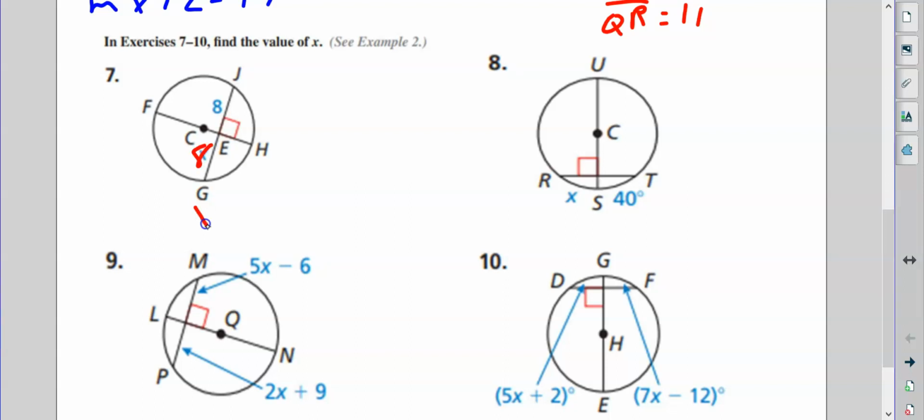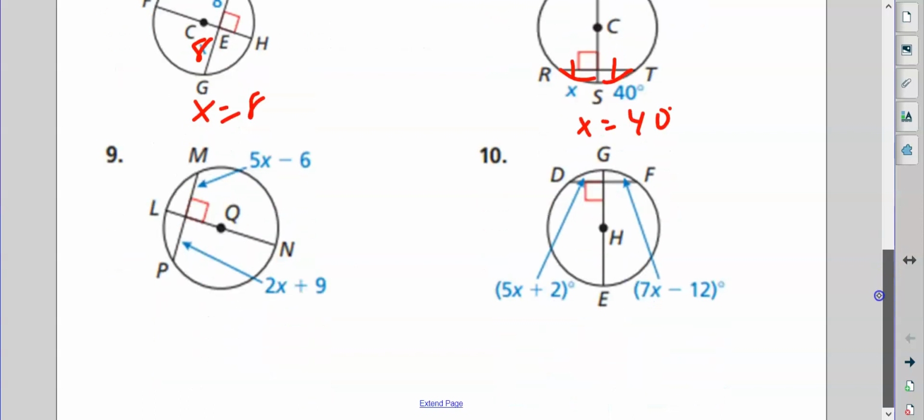So that means X is 8. Again, over here, we have a chord that's perpendicular to the diameter, which means this is equal to that. If that's equal, that means these two are equal, so X is 40 degrees.